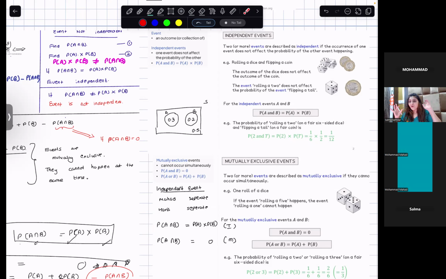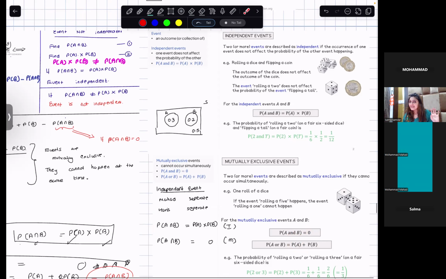So probability of A and B happening together is zero. When the events are mutually exclusive, either A can happen or B can happen. Both happening together is zero. This is the only thing you have to memorize. Are you with me?